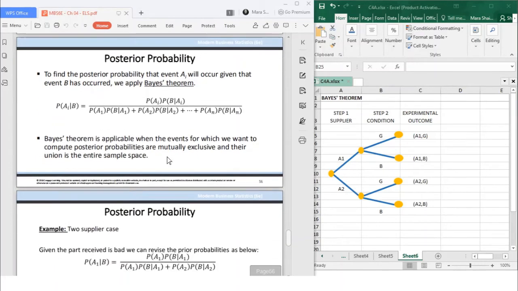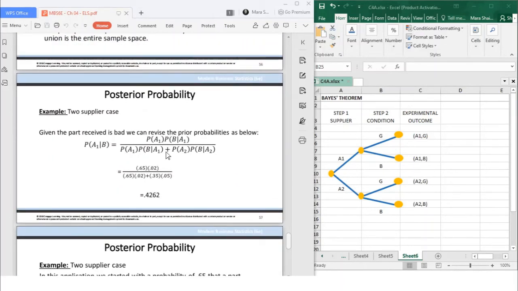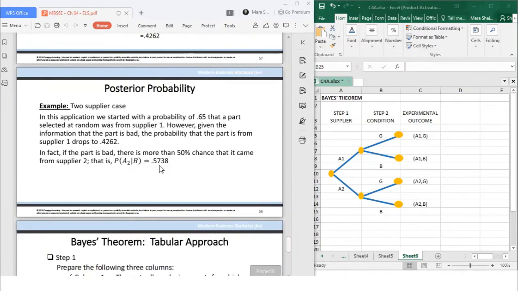Sa posterior na nato, ang naa sa imuhang atubangan is ang tanang condition na either good part or bad part. So, for instance, tanang mga good products. Out of all the good products, what is the probability nga inigpili nimo og isa, ang imuhang mapilian is gikan na siya ni supplier 1? What is the probability nga inigpili nimo og isa, gikan na siya ni supplier 2? So, mao na ang imuhang posterior probability.